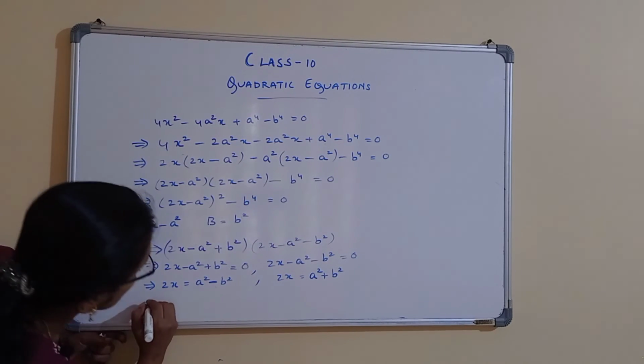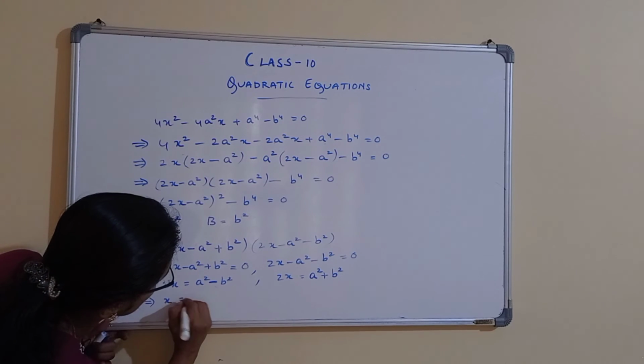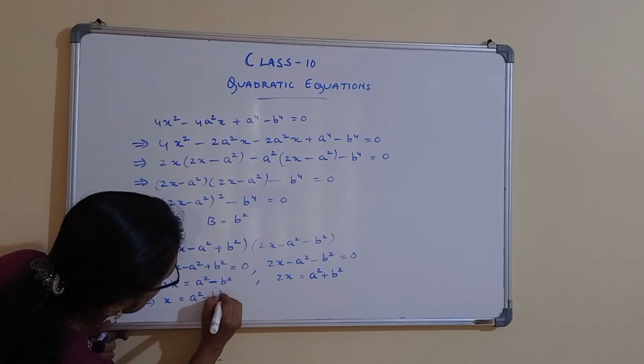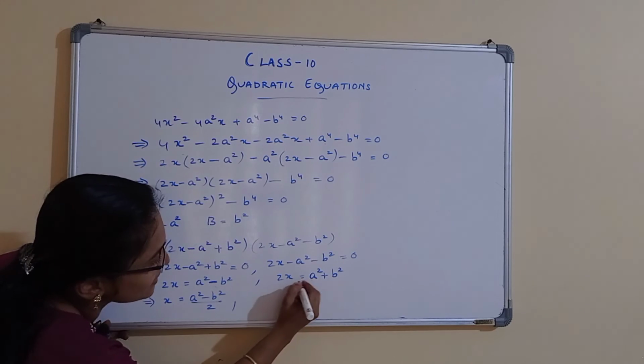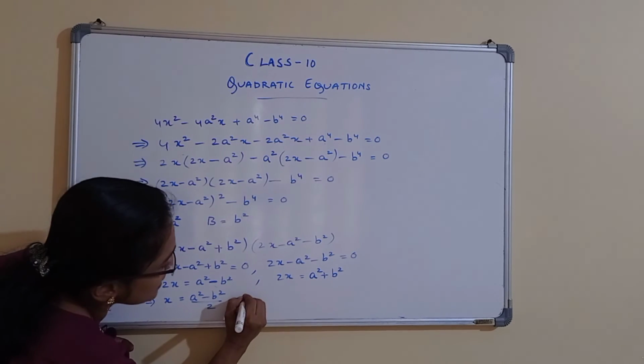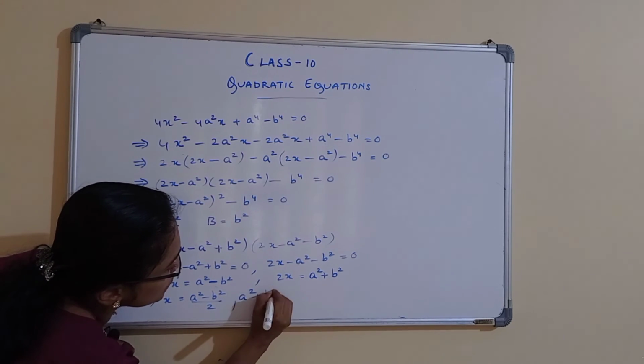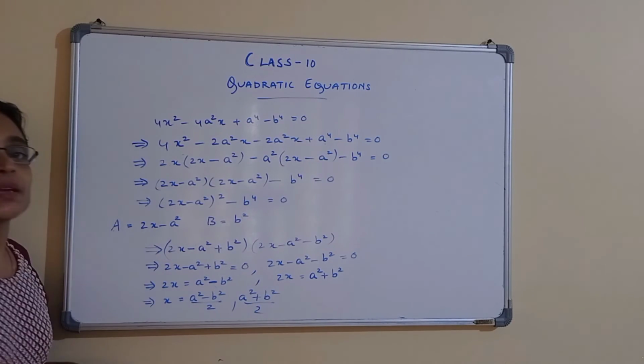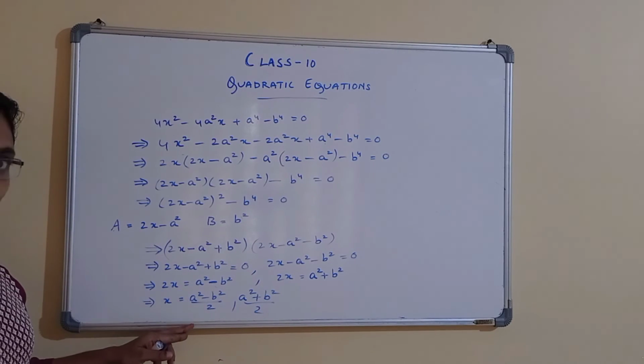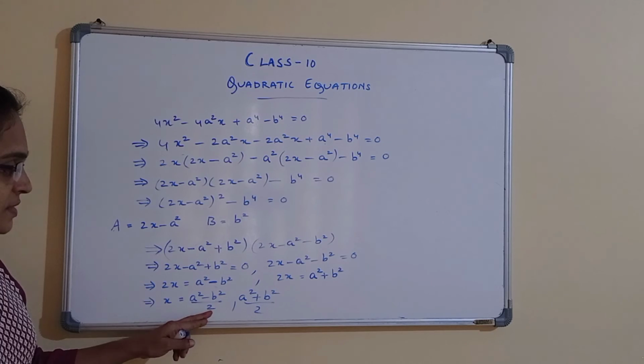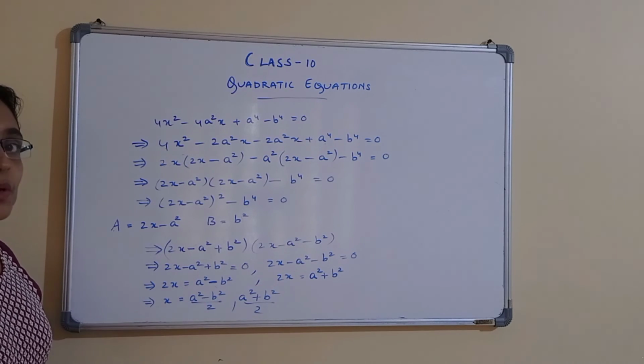Right? So, this implies x is equal to a square minus b square by 2 and x is equal to a square plus b square by 2. So, the roots of this equation are a square minus b square by 2 and a square plus b square by 2.